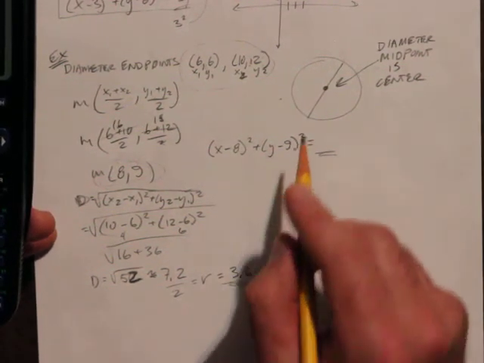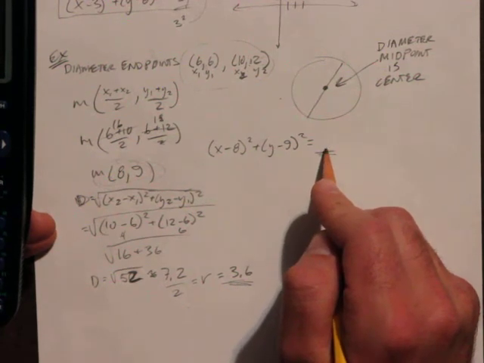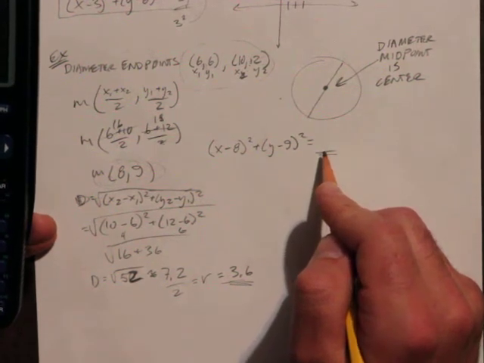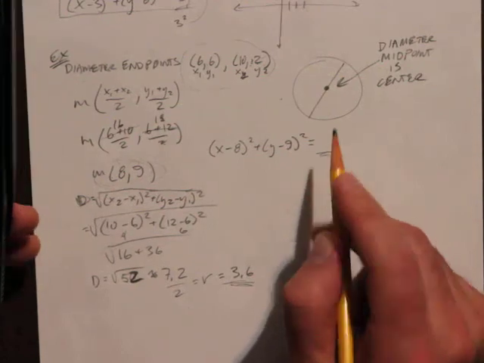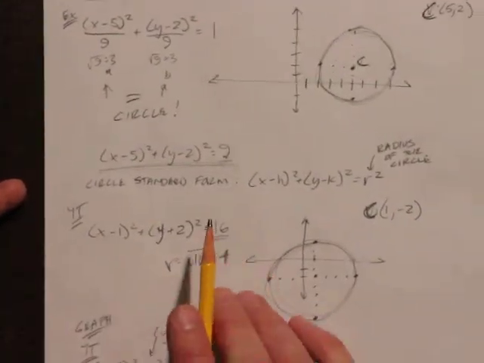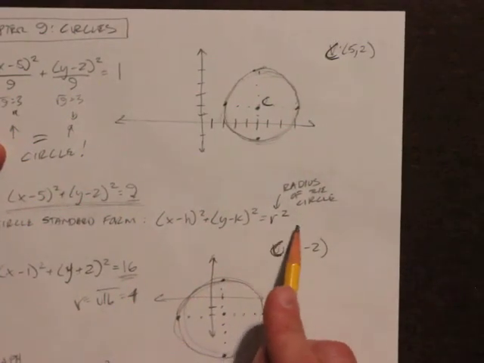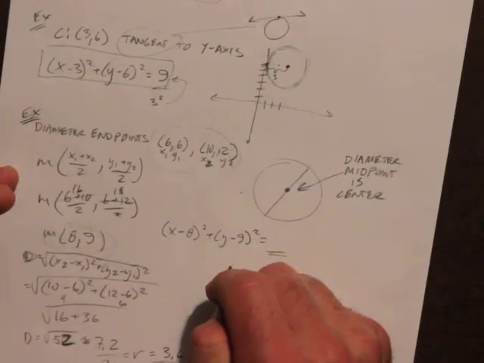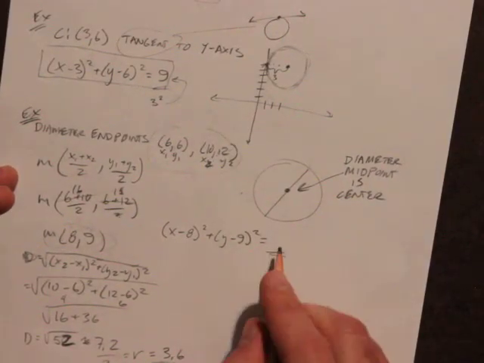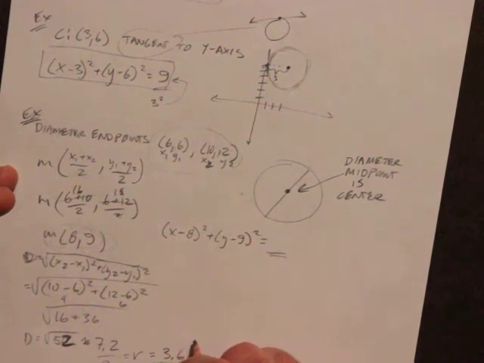Now, do I put 3.6 here? No, I don't. What do I put here? Remember, this formula here should be r squared. So that means 3.6 squared goes right here.